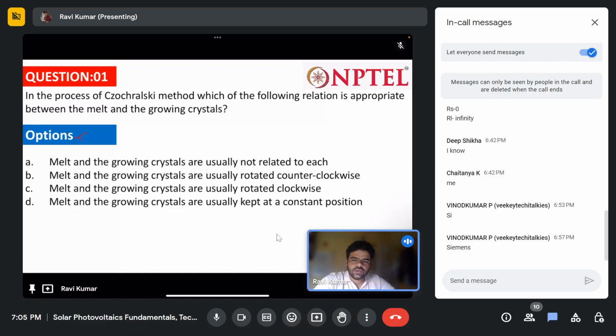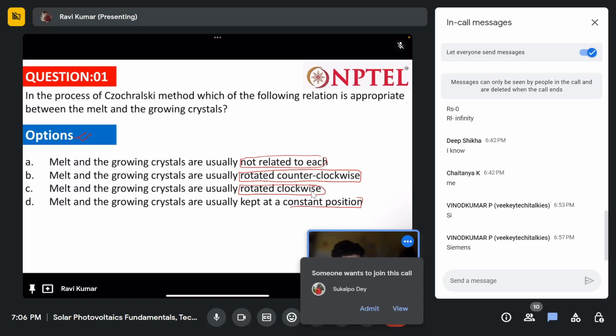A says melt and growing crystal are not related to each other. B says rotated counterclockwise. C says rotated clockwise. D says at a constant position.